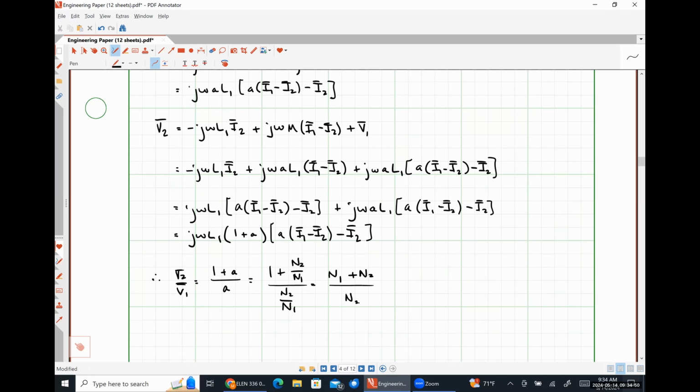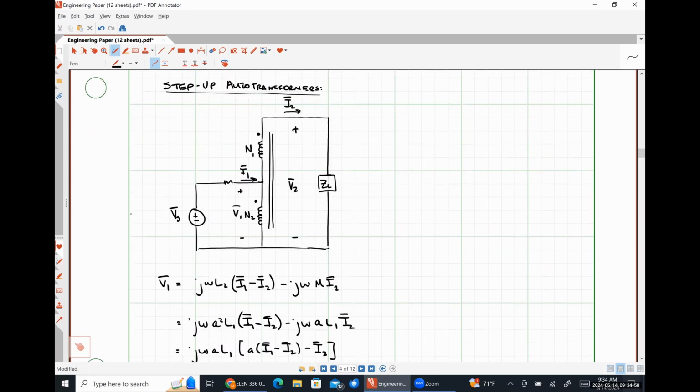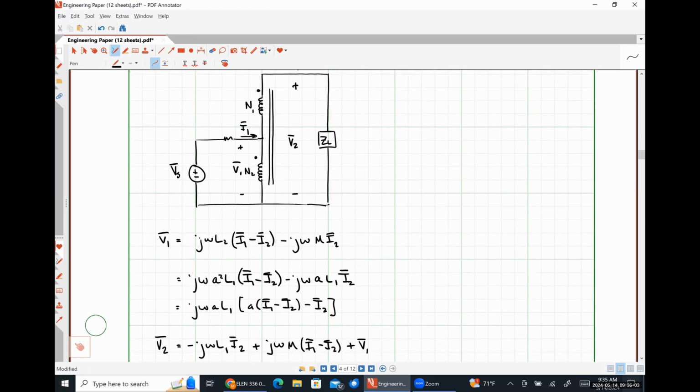N1 plus N2 is the total amount of turns in our single coil. And N2 is just the number of turns we're treating as our primary. So this is just a ratio of the total turns divided by the one that we're looking at.